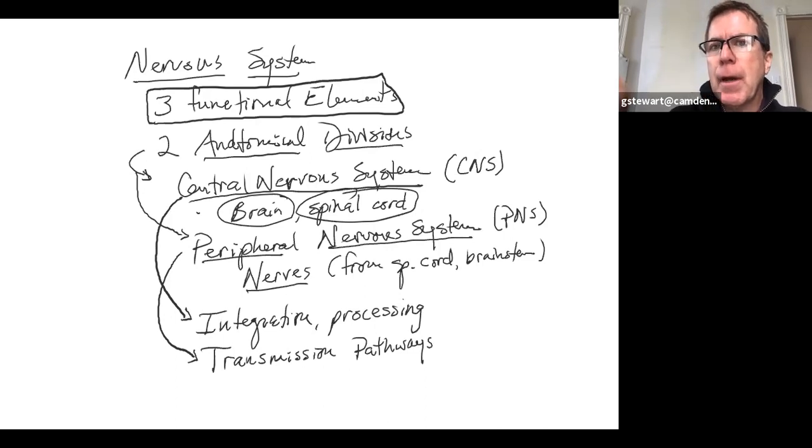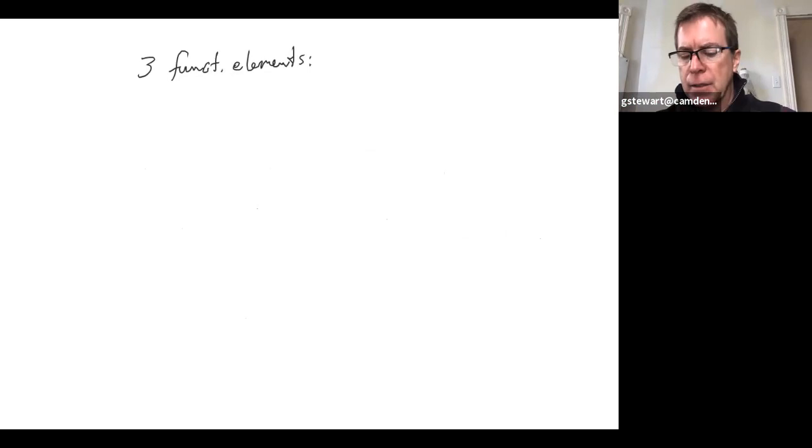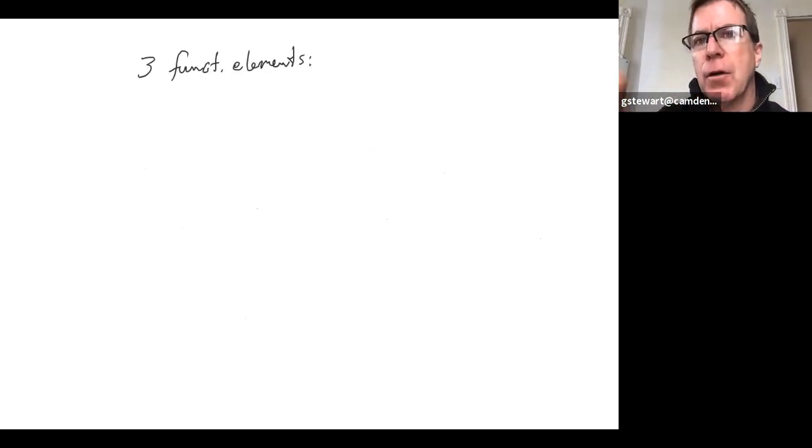Now I'm going to talk about the three functional elements of the nervous system. I'm just going to call up a new whiteboard in order to do that. Three functional elements. And this is very easy to understand. It just might be new language, that's all.